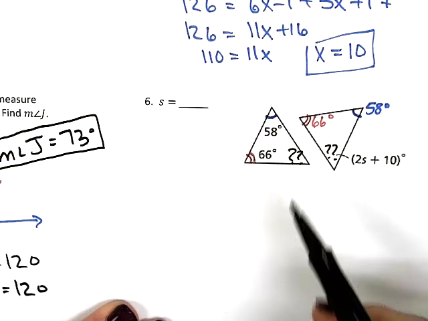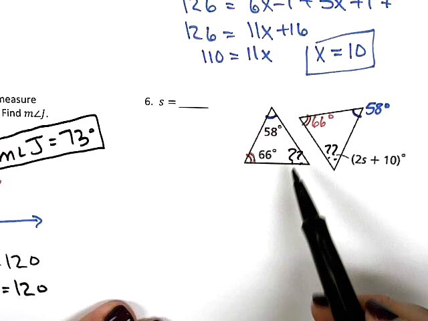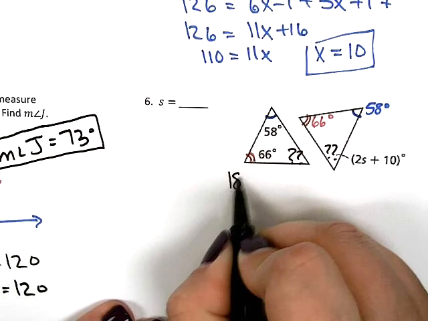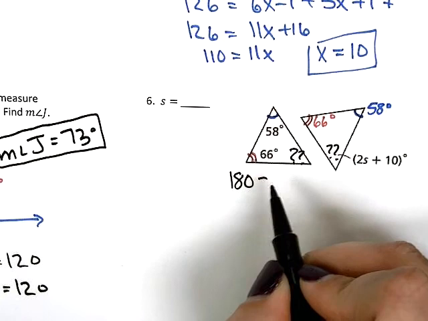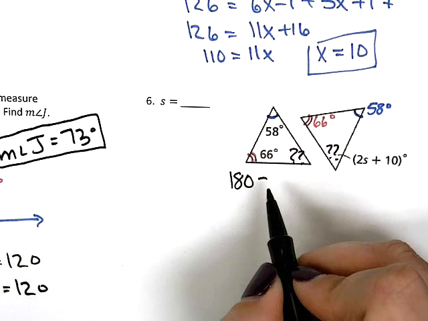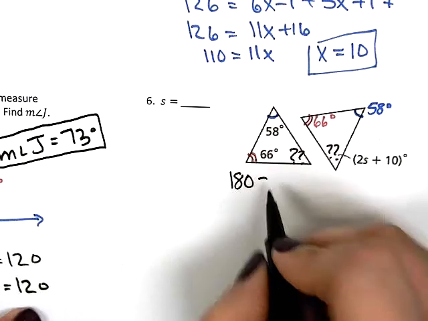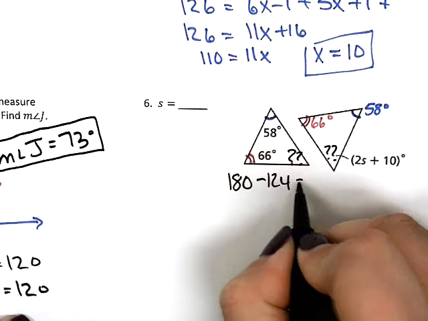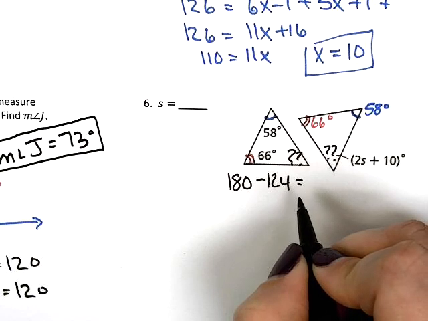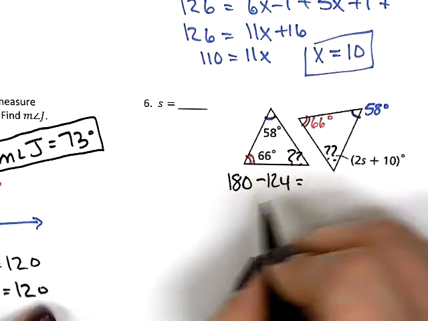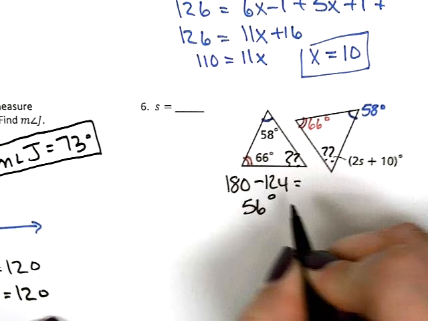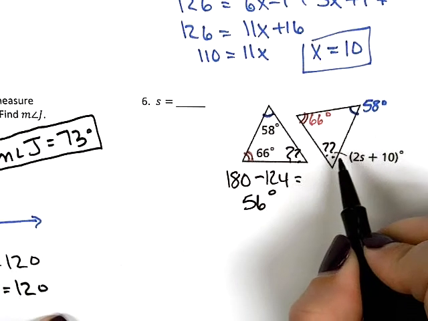I think the easiest way to do this is figure out what this angle is. We know it's got to be 180 total. So if we subtract off the 58 and the 66 that we already have, so if we subtract 124, we get that the measure of that angle is 56 degrees. That means that this angle is also 56 degrees.